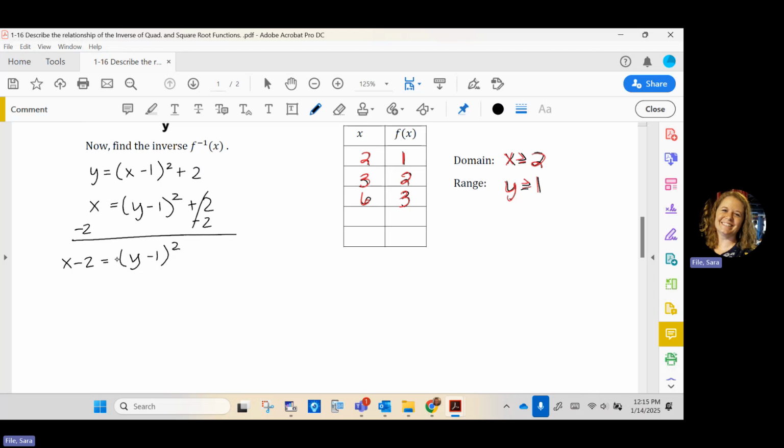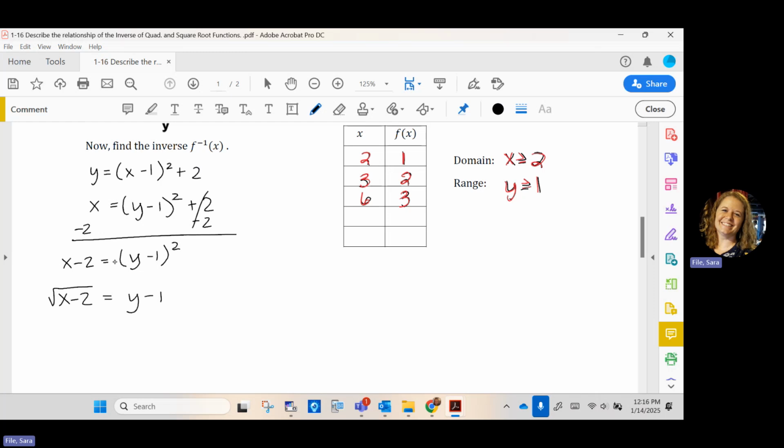Now when I take the square root of both sides, we are used to putting a plus or minus in front of our square root. But remember our restricted domain, we only want the positive square root. So we're not going to do that here. I take the square root of both sides, which gets rid of that square.